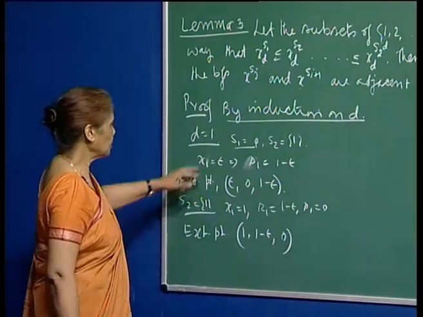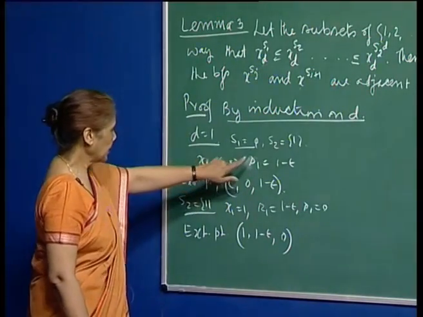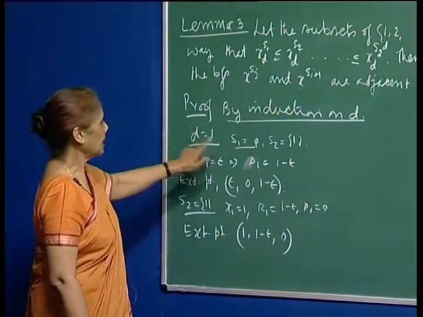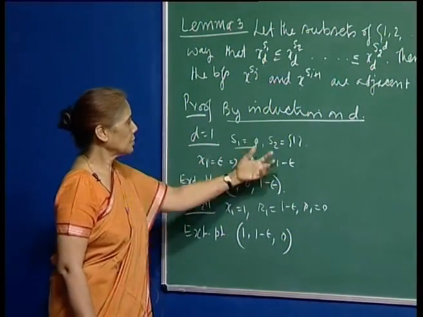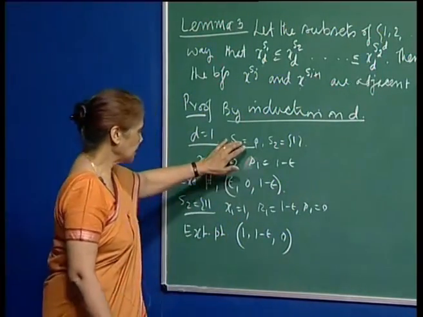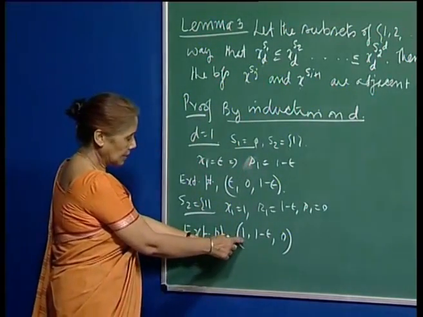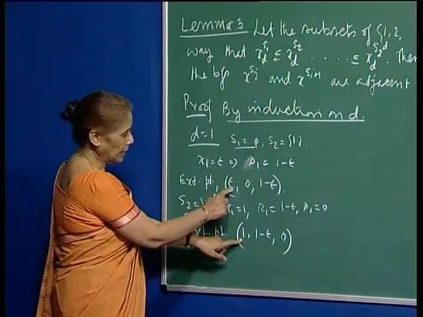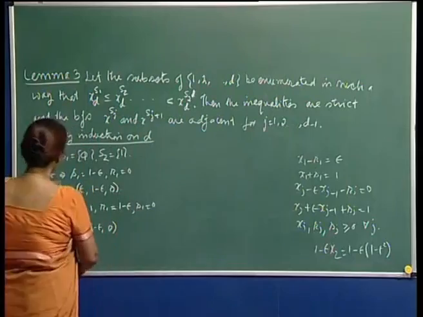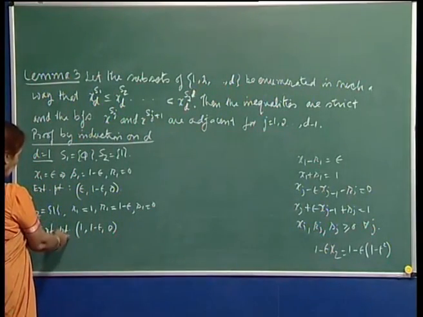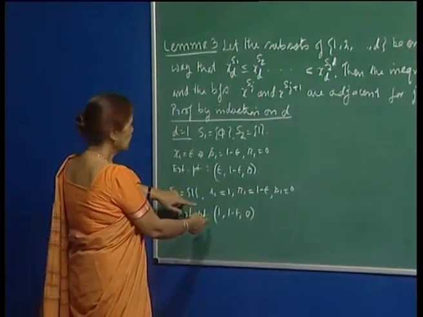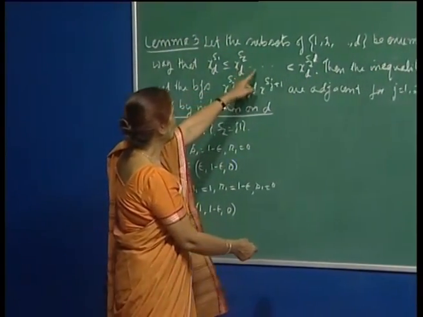Remember lemma 2, we said that, because D is 1, S2 contains D and S1 does not contain D. So the value of the component X1 will be higher for this one than this one, which you can see: here X1 is 1, which is greater than epsilon, right. After obtaining these two extreme points when D is equal to 1, I want to show you that the lemma is valid, because we said that the values must keep on increasing.